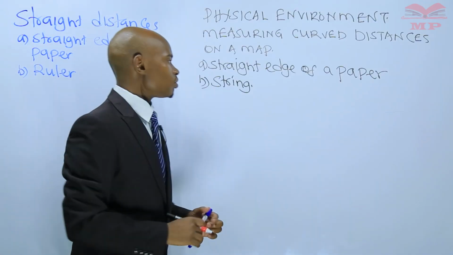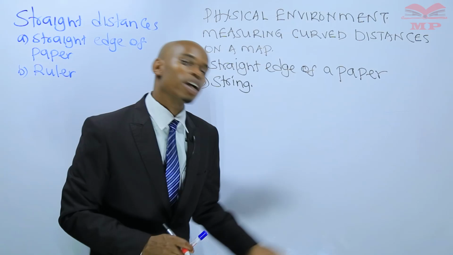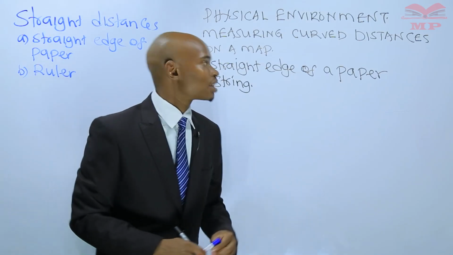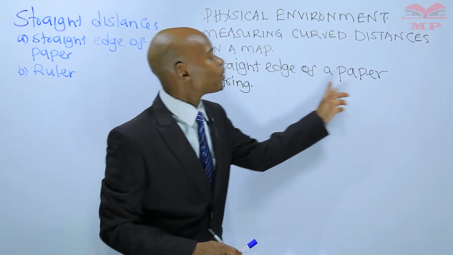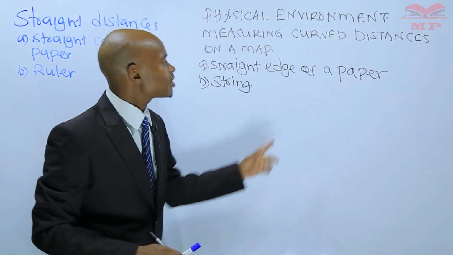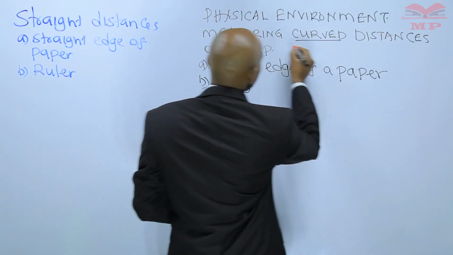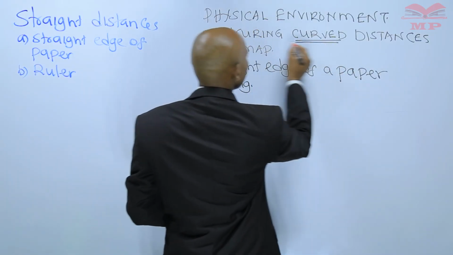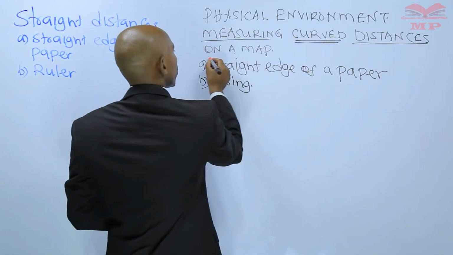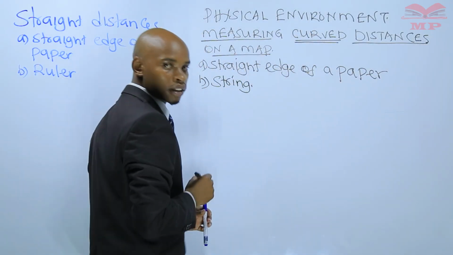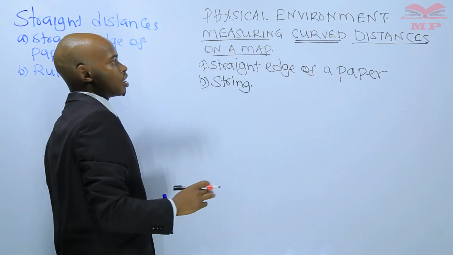Now, using a straight edge of a paper does not mean that we are measuring a straight distance. The only thing that we are using is a straight edge of a paper, but the distance is curved. Our concern is a curved distance on a map, so do not be confused.